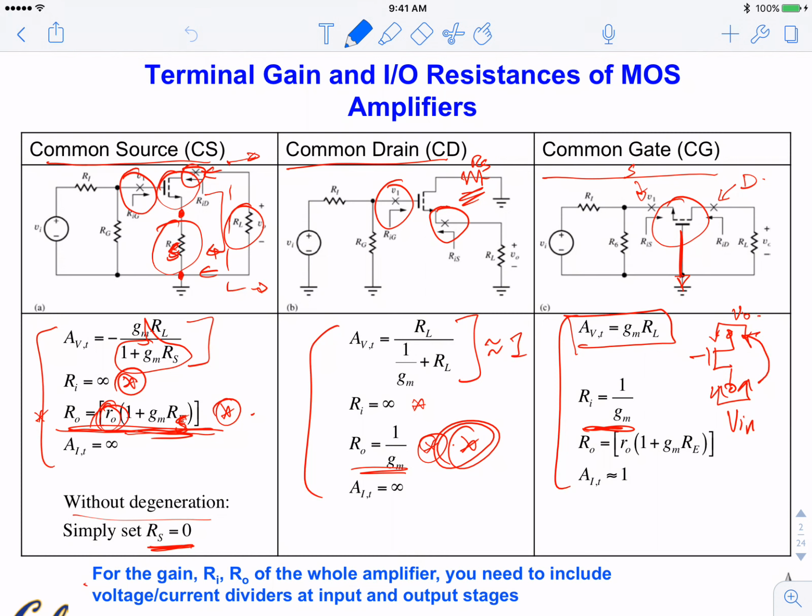These characteristics are summarized here for you as a convenience. I wouldn't say you need to memorize this, but it's good to have an intuitive feel.